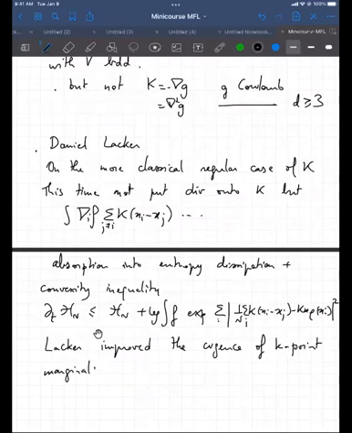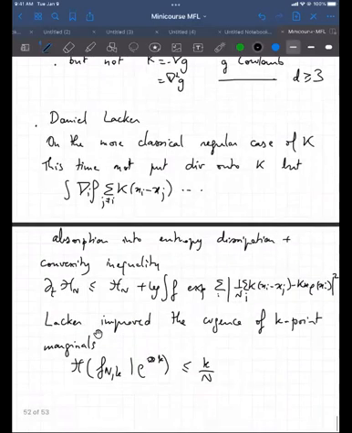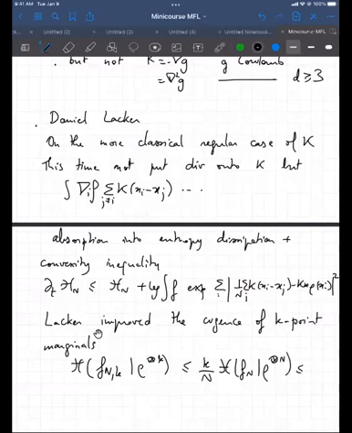I told you that by additivity, we could get that H of F_N^k relative to rho^{⊗k} was less than C k over N. And what he shows is that this can be improved to C k over N squared.